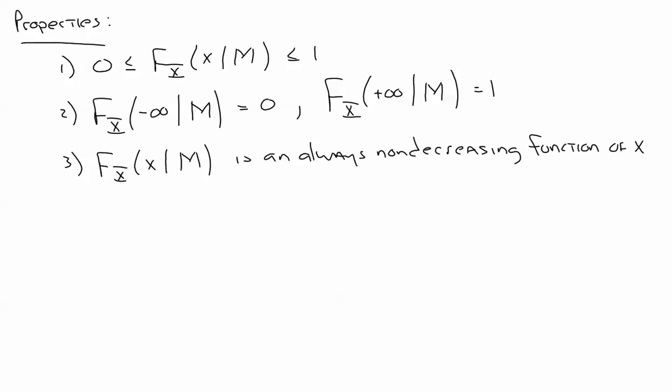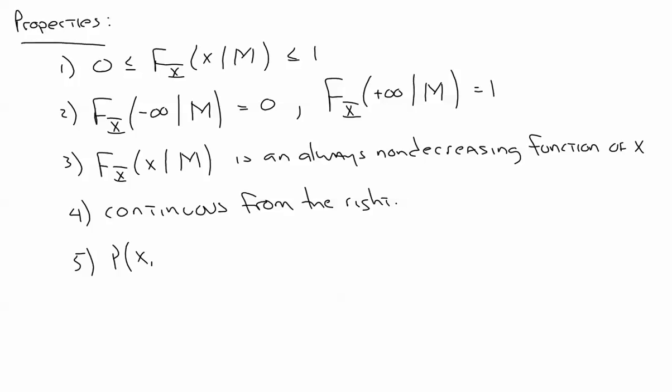It's always a non-decreasing function of x. It's continuous from the right. That's really more applicable if we were talking about discrete conditional CDFs. We're not going to go there. And then my last property, the probability of x falling within a certain range.